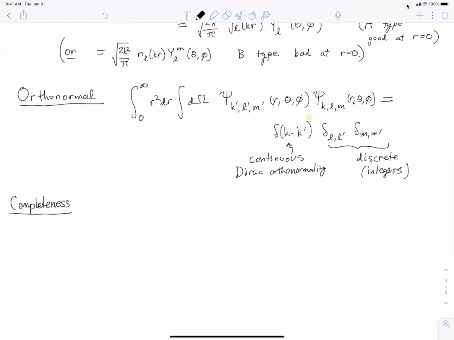Okay, so one way you could write it is now, instead of integrating over all positions, I'm going to integrate over the K and L and M labels, or sum over them. Because K is continuous, we're going to integrate over it, 0 to infinity dk, and we're summing over the discrete labels, all possible ones.